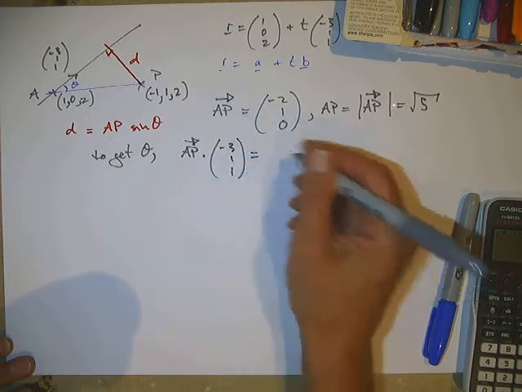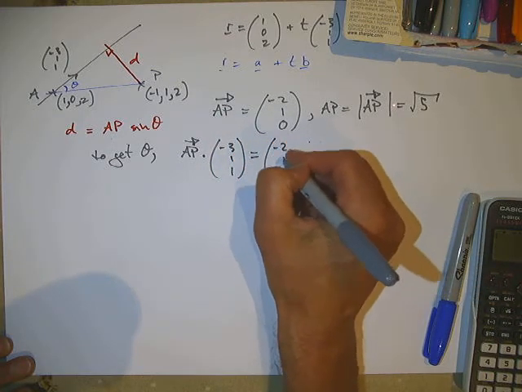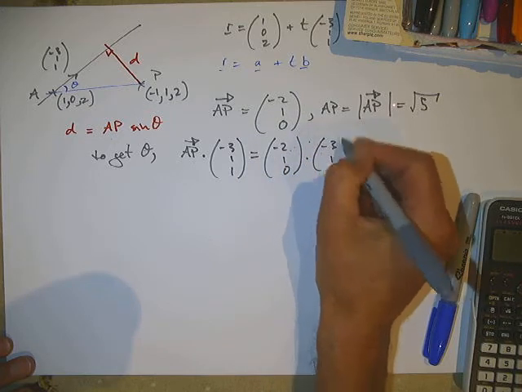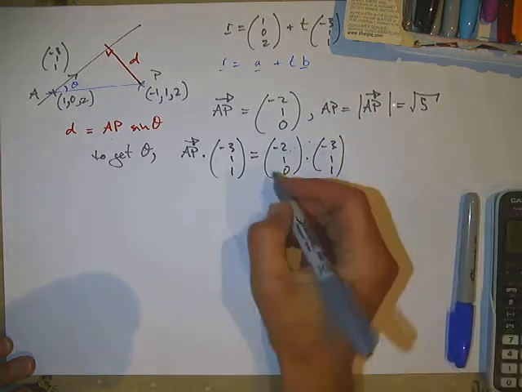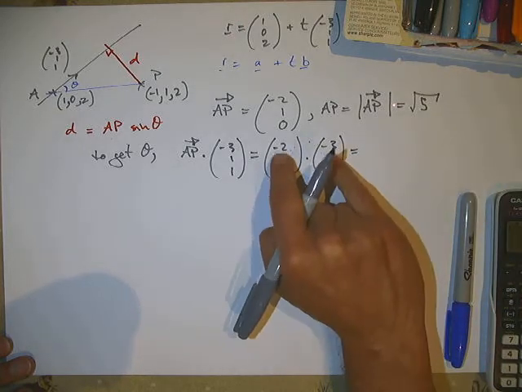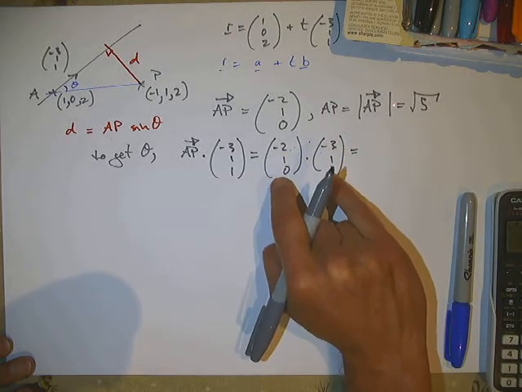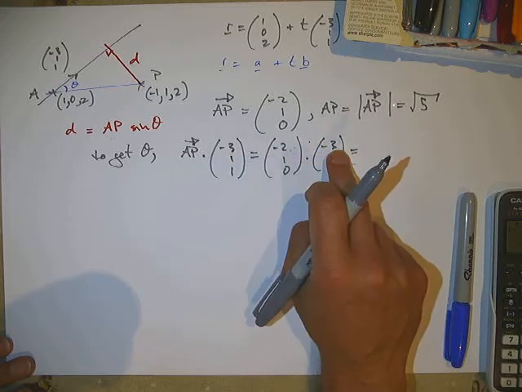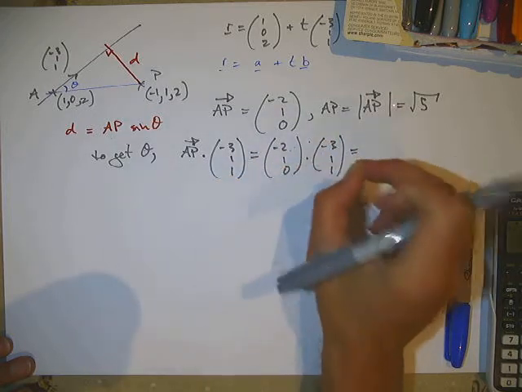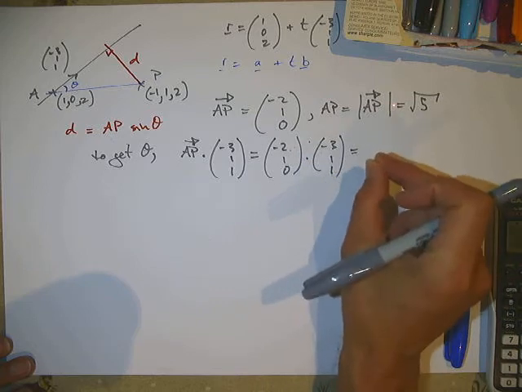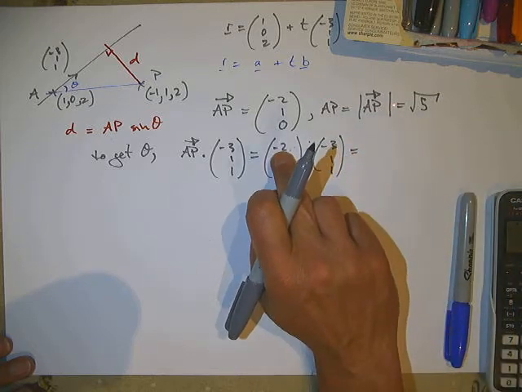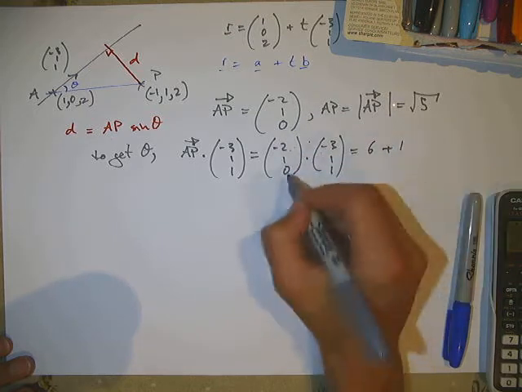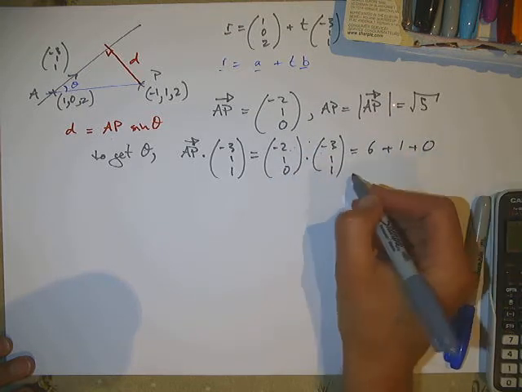Okay, so I'm going to dot (-2, 1, 0) with (-3, 1, 1). And already I'm happy because that's a pair of negatives, a pair of positives, and a 0. I know I'm going to get a positive answer. A positive answer means I will get an acute angle, and you can think about how I know that. Anyway, -2 times -3 is 6, 1 times 1 is 1, 0 times 1 is 0. Okay, 7.